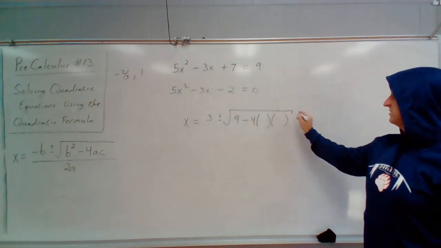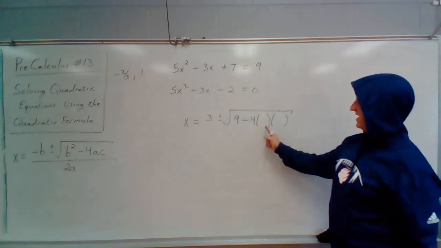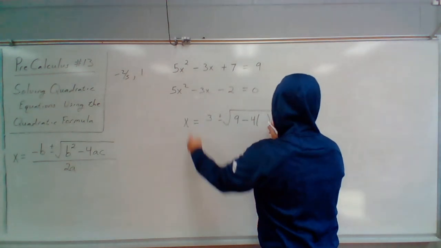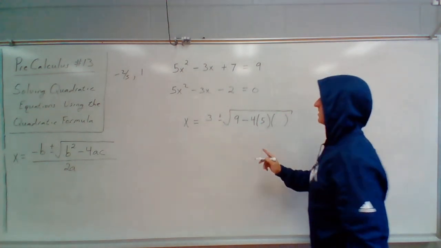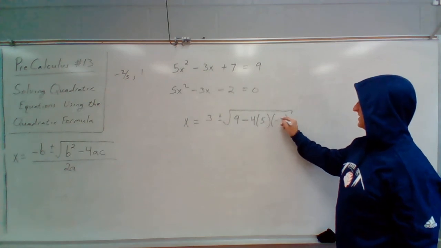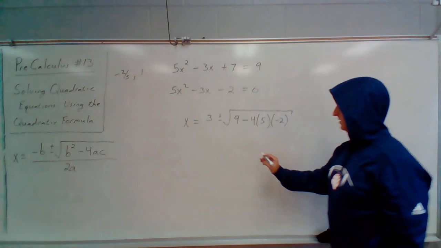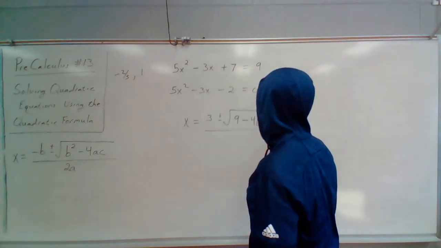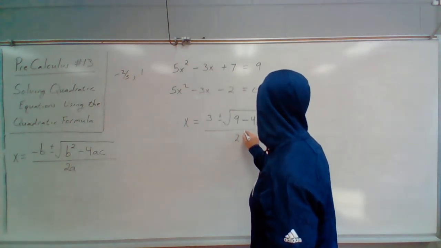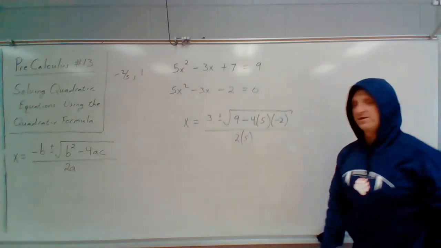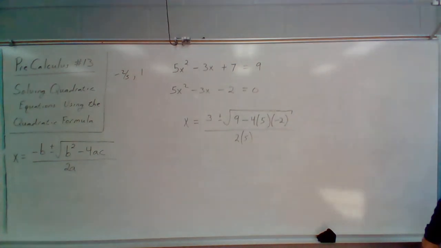Make sure your line goes all the way across there. My a is 5. My c is -2. All over 2 times a, which is 5. So all you got to do is fill in the blanks.